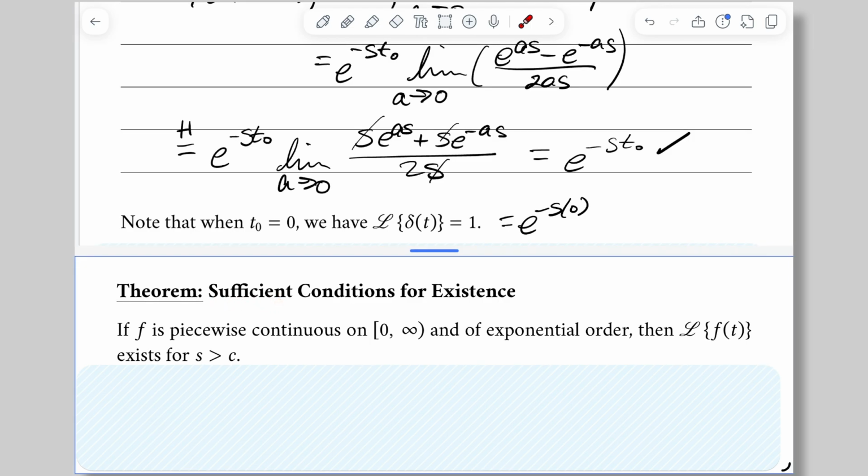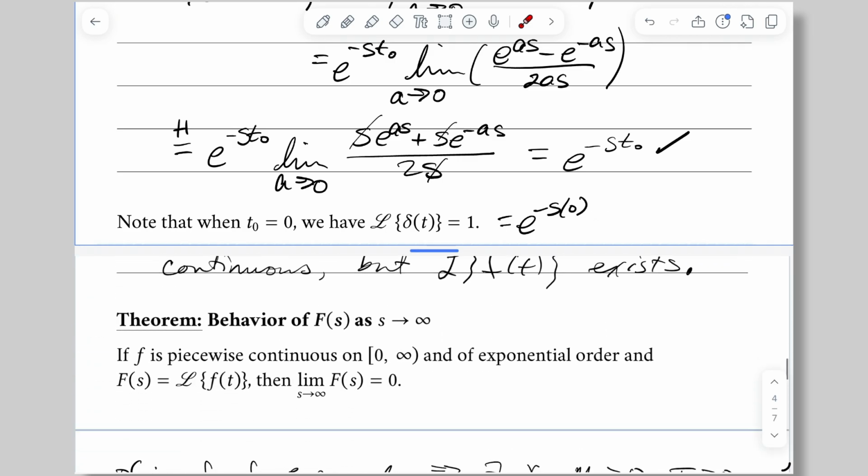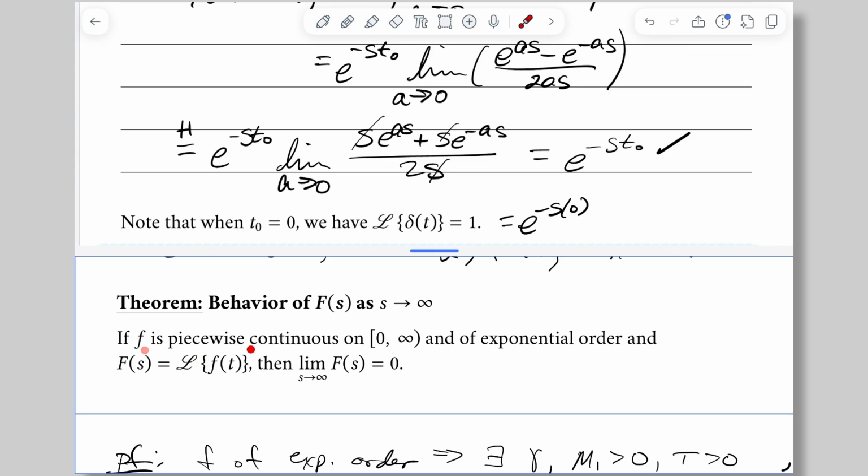And I said at the time that we can have functions that either are not piecewise continuous or are not of exponential order for which a Laplace transform still exists. And this is that example. We also saw that if f is piecewise continuous on 0 to infinity and of exponential order, then the limit of the transform is 0.